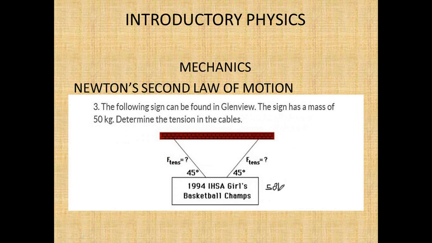First of all, we can determine the force due to gravity. The force due to gravity, which is pulling this sign downwards, is the mass times the acceleration due to gravity.